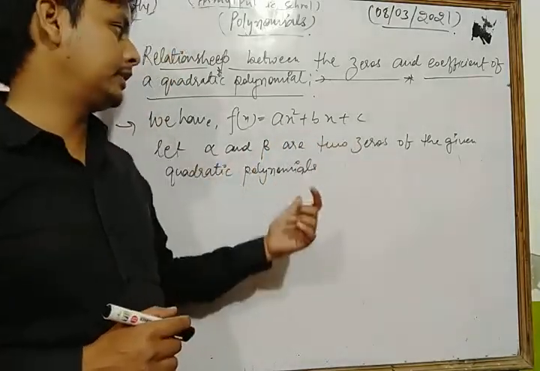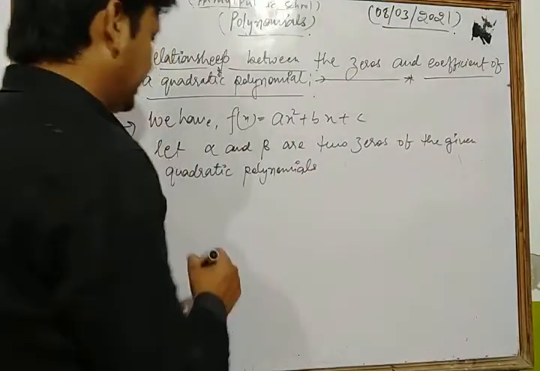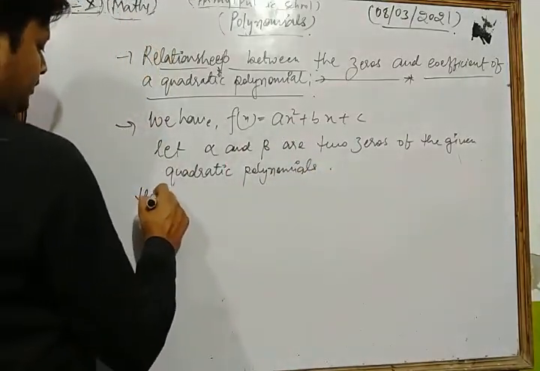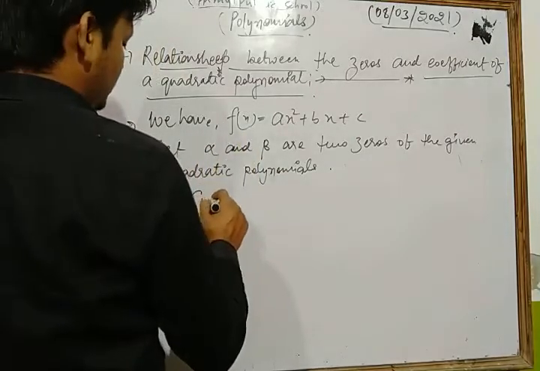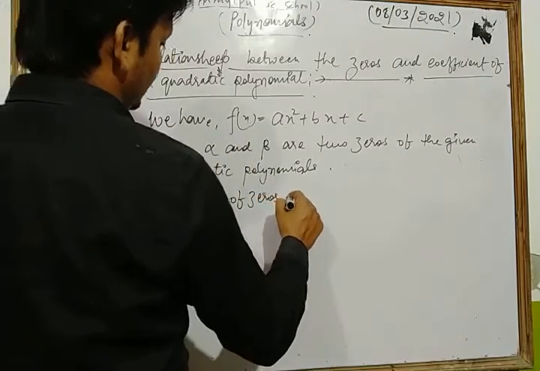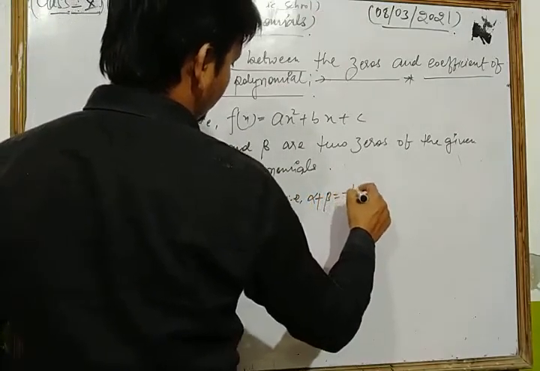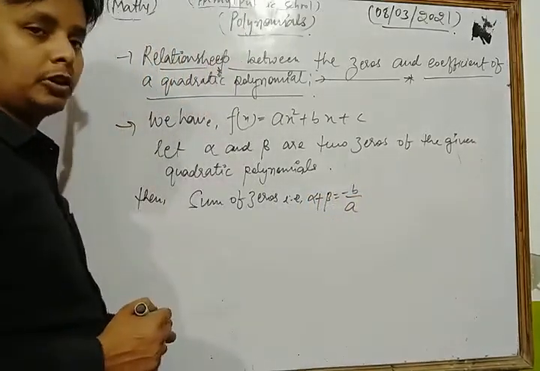Let alpha and beta be the two zeros of the given quadratic polynomial. Then the sum of zeros, that is alpha plus beta, is equal to minus b upon a.